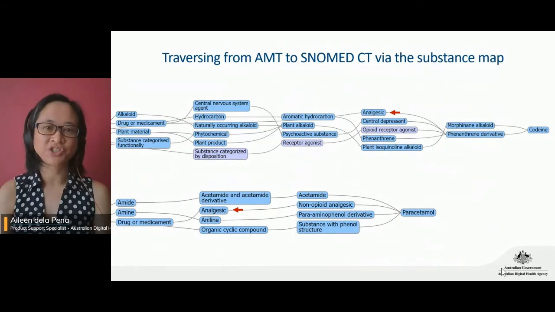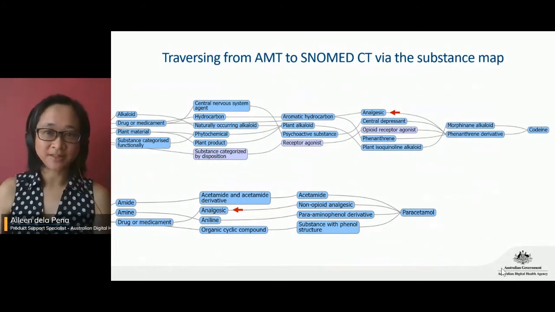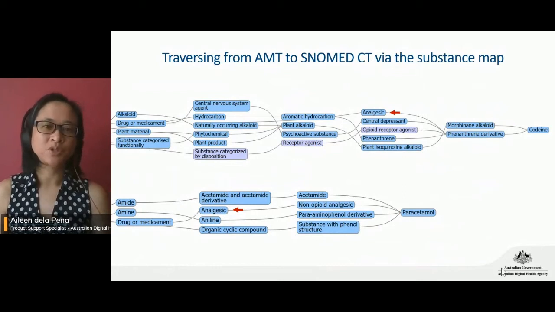The other limitation is that the AMT stops at the product concepts, but grouper concepts are useful for prescribing workflows and decision support. These groupers were only present in the substance hierarchy at the time of developing the AMT, so we created a map between AMT substance and SNOMED substance to help navigate to these grouper concepts and enable richer analytics.